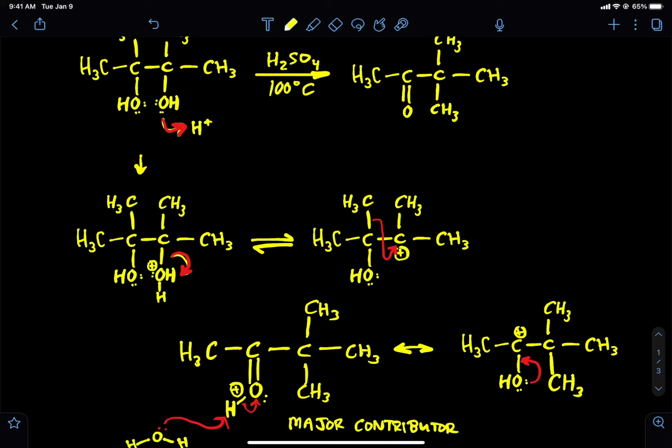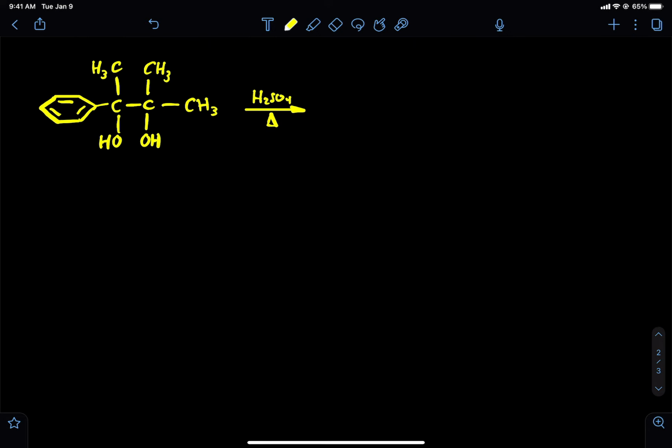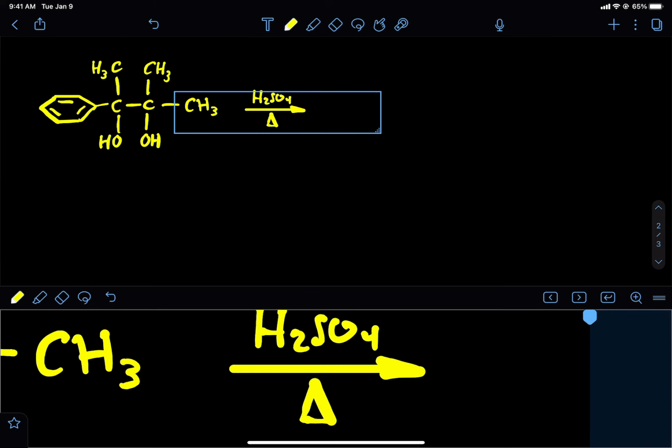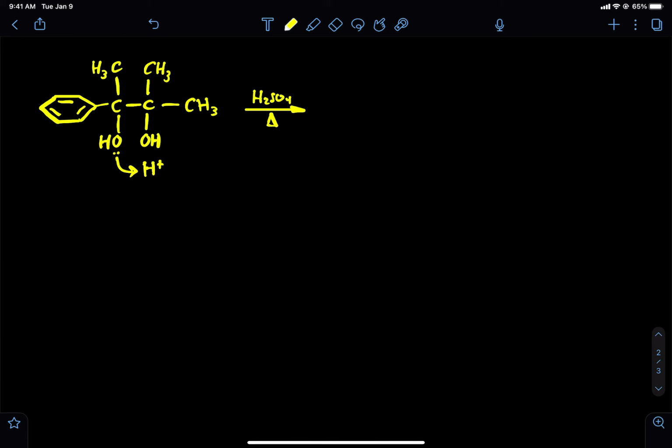So let's go look at our example here, or our test case. And let's consider both possibilities. Let's say that the alcohol on the carbon with the phenyl group gets protonated. What's that going to give us?